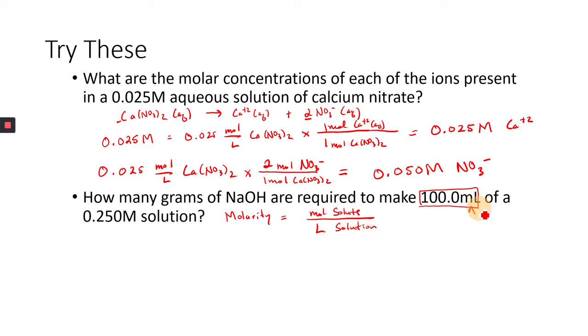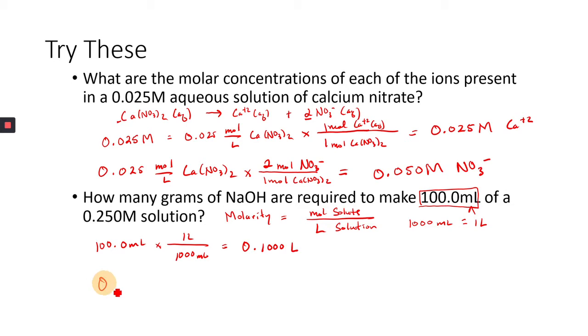And this is in milliliters, so I would convert this to liters right off the bat. And remember, there are 1,000 milliliters in 1 liter. So that means 100 milliliters is equal to 0.1 liters. There are all these zeros here because of significant figures.